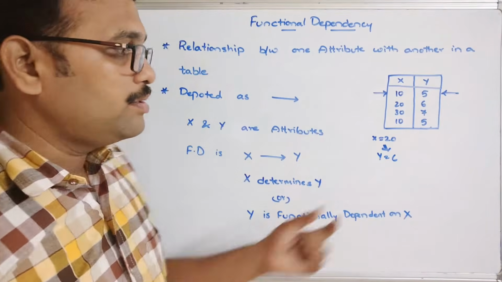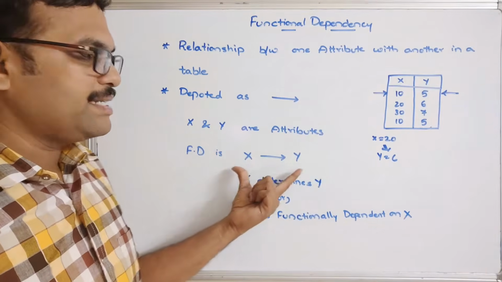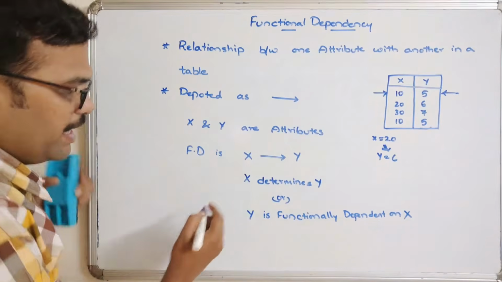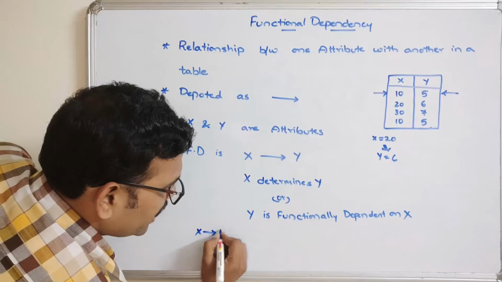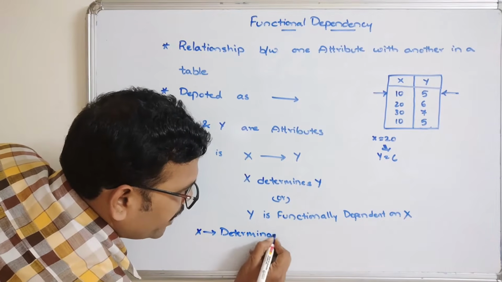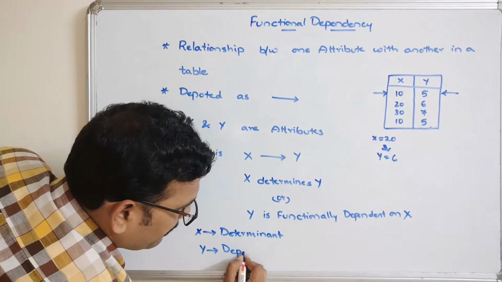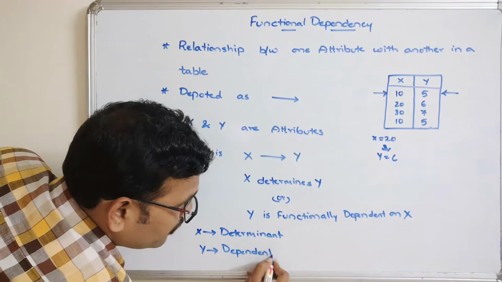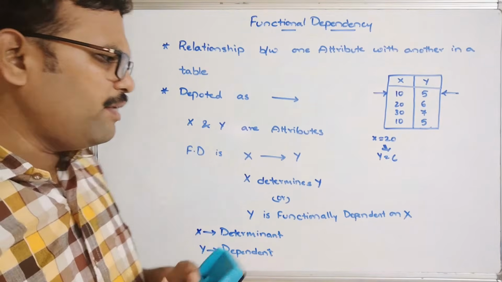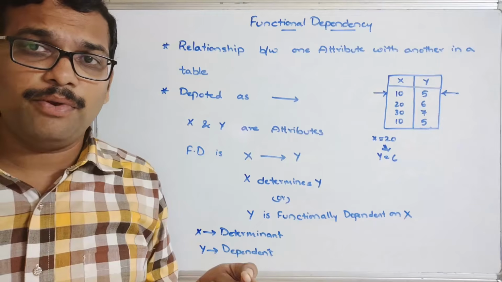Such a type of dependency we call x tends to y, and here x is known as the determinant, and y is called the dependent because the y value is dependent. Here one question is whether x is a single attribute and y is a single attribute.